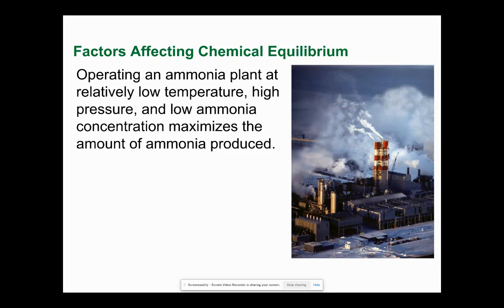In other words, they're removing the ammonia out of the concentration to maximize the amount that's produced. They're making it a mostly forward reaction. There's still going to be a little bit of backward reaction, but by making it mostly forward, they're going to produce more ammonia than decompose.